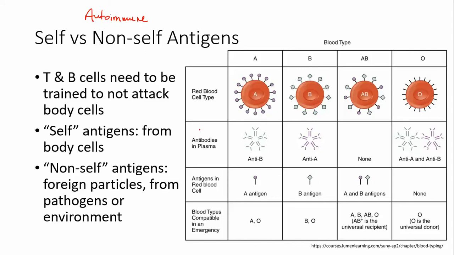And this is really evident when you look at the ABO blood group or blood typing system. So there is a specific antigen on the surface of red blood cells. It can be either this A shape, which is a circle, this diamond shape, which is representing a B. You can have actually both of those antigens on the surface, or you can have none of them.